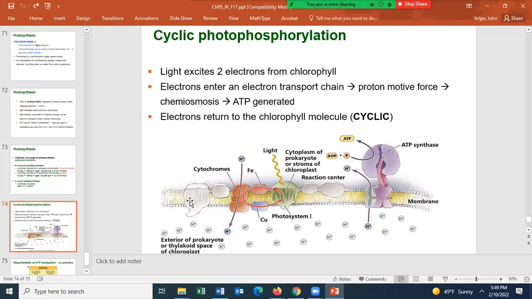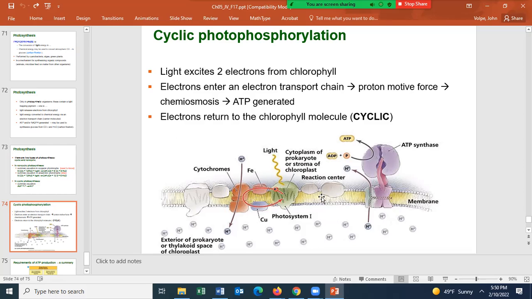Another difference is that aerobic respiration in eukaryote cells happens on the inner mitochondrial membrane. Photosynthesis happens in the inner membrane of the chloroplast.